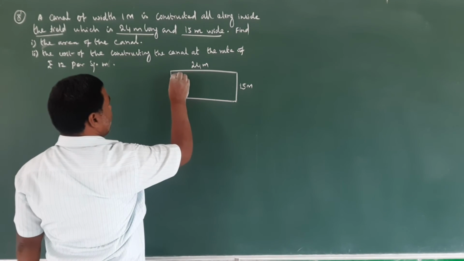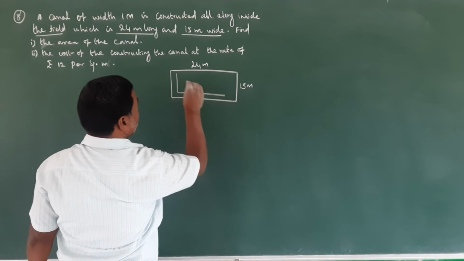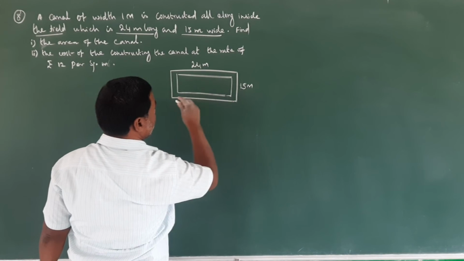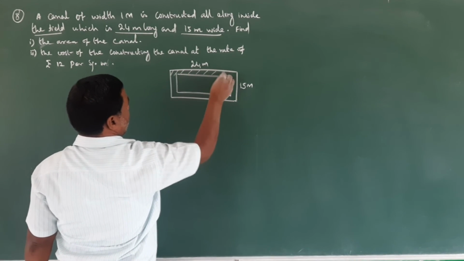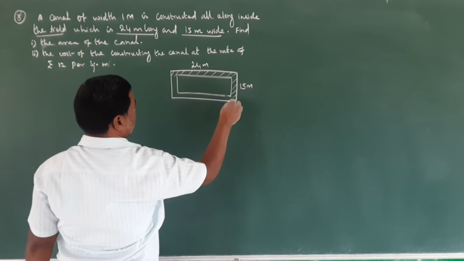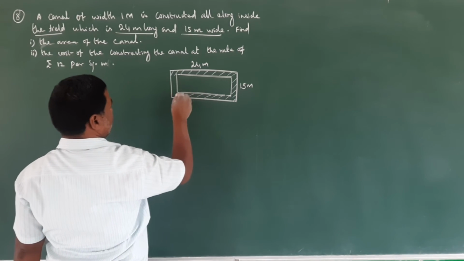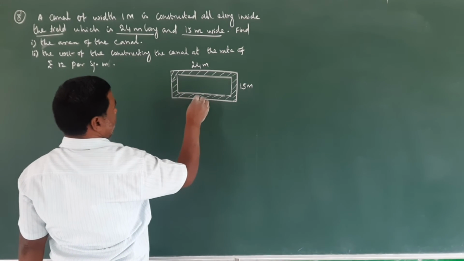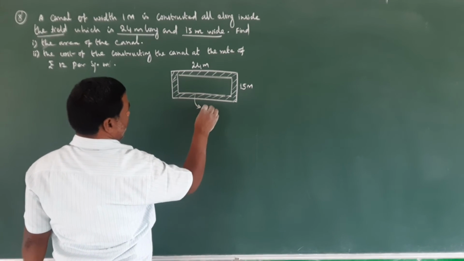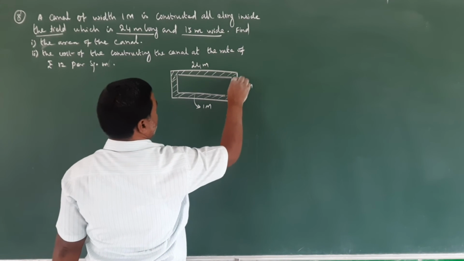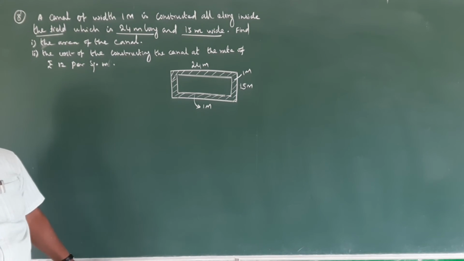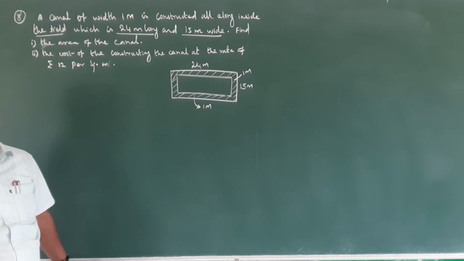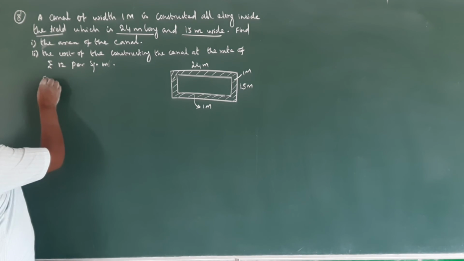Inside the field, how many meter? 1 meter all along, and on this side also 1 meter all along. A 1 meter canal. Now the solution.